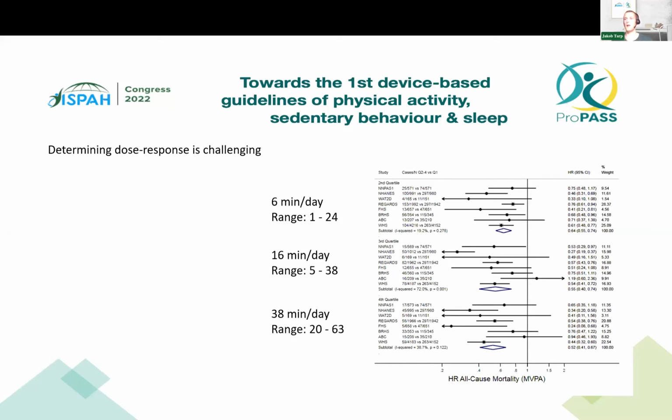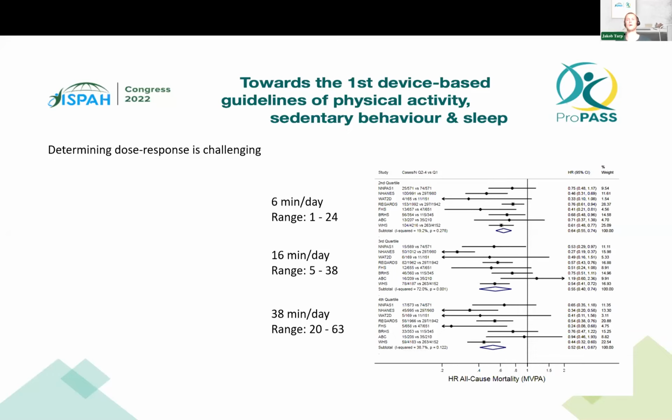While we can see the dose-response relationship, this is for moderate to vigorous physical activity, we can see that there is a substantial variation in the absolute level of physical activity in these quartiles.